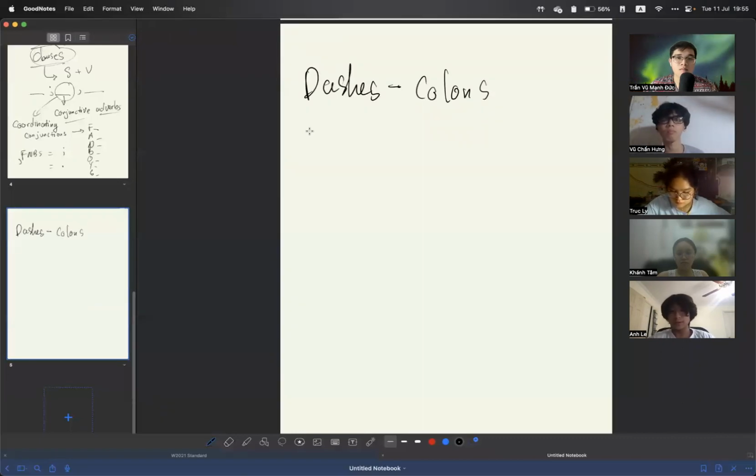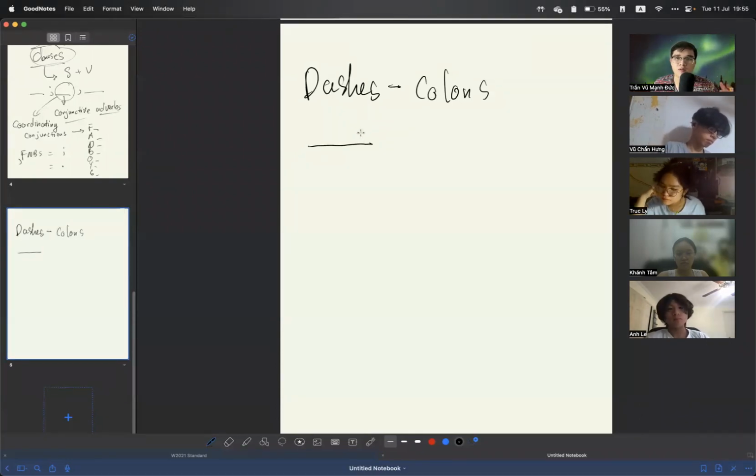They also initiate dependent clauses, and they also explain thoughts. Yes. So what's the equivalent of dashes in punctuation? Like the brackets. Yes, exactly. I haven't mentioned it, but that's correct.